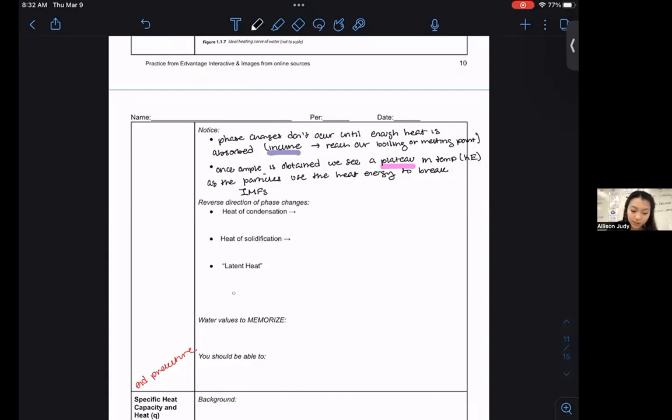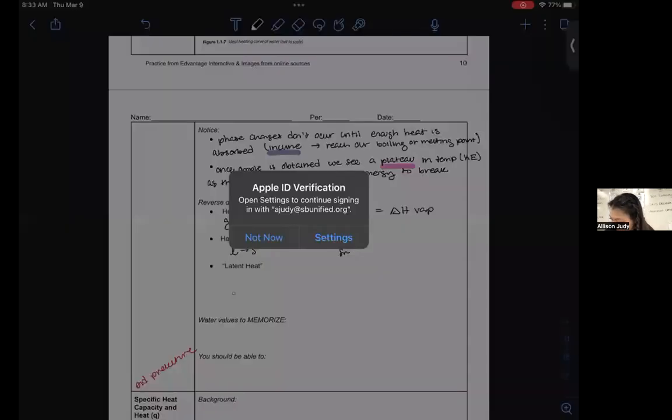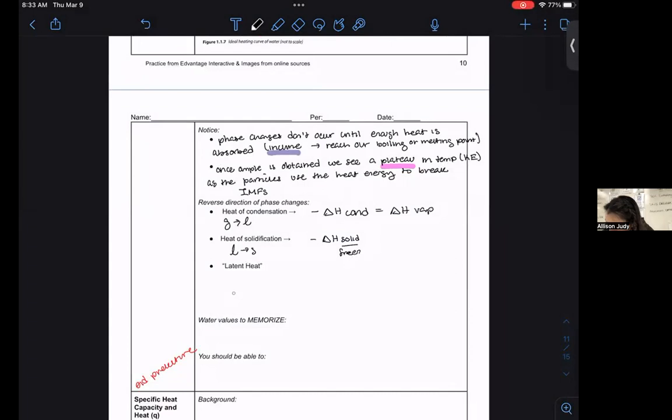Just as a summary, the heat of condensation, going from a gas to a liquid, is the negative of heat of vaporization. And heat of solidification, or freezing, going from a liquid to a solid, is going to be the opposite of heat of fusion.